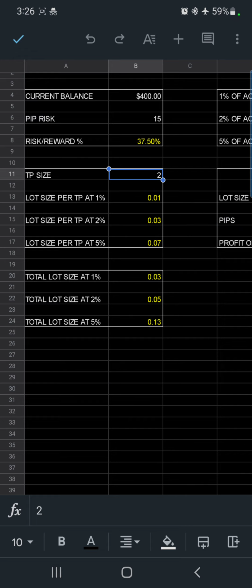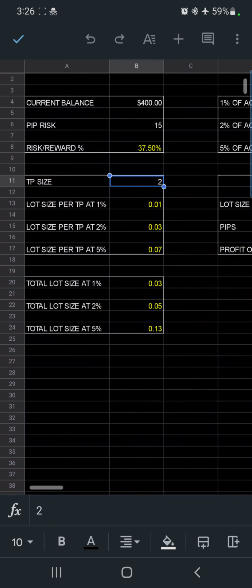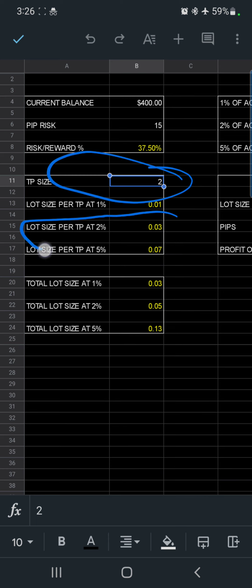No. Sorry, Bob. We're going to split it based upon the TP size. So we entered in 2, and because we entered in 2, we determined that for a 2% risk, each TP level is going to be 0.03.